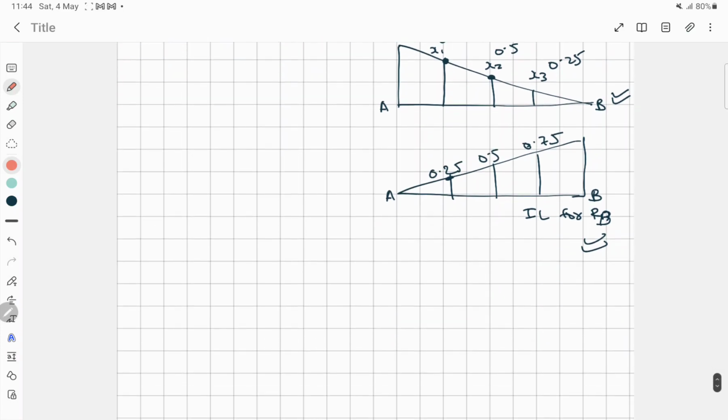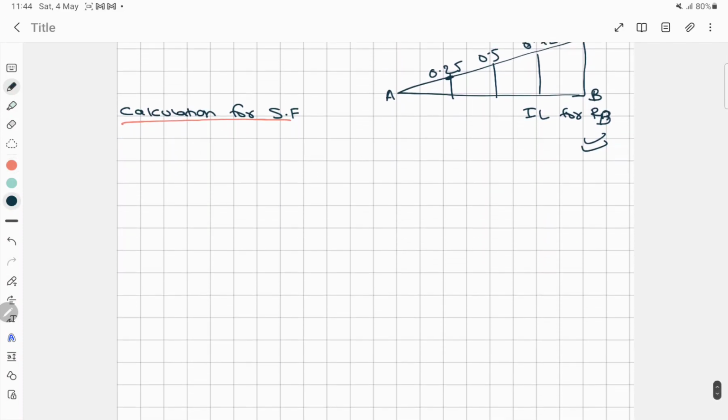Okay, now we have to calculate the shear force. I'll write shear force in short. So next is to find the shear force. Here, for a simply supported beam, the influence line diagram, see, now in the question it says we have to find the shear force and bending moment from the left side, and the distance is 4 meters, right?